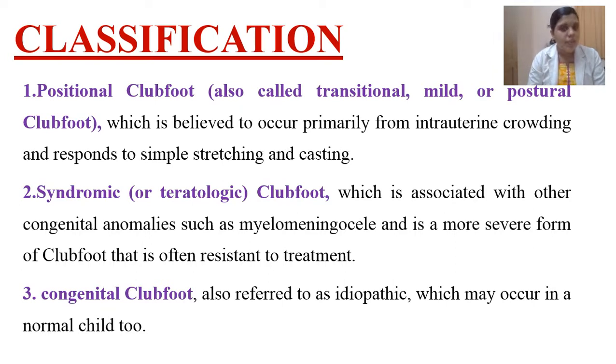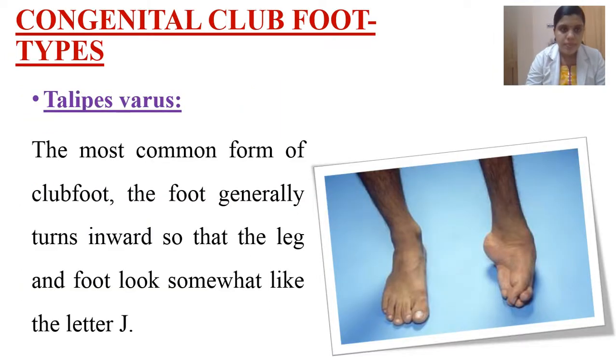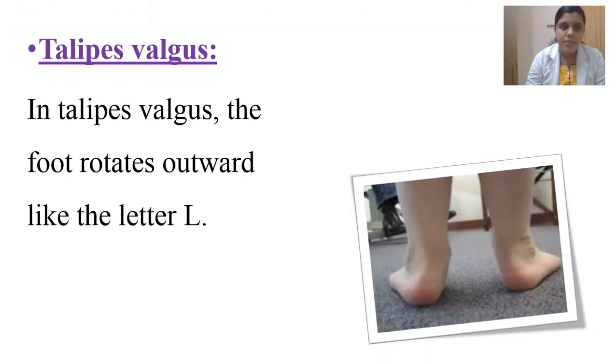The first one is Talipes varus, the most common form of clubfoot. Here the foot turns inward, so that the leg and foot look somewhat like the letter J, as you can see in the image. That is known as Talipes varus.